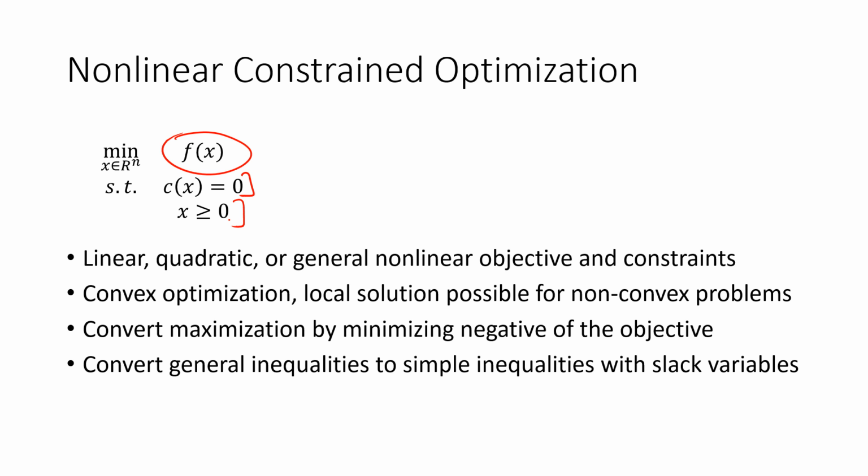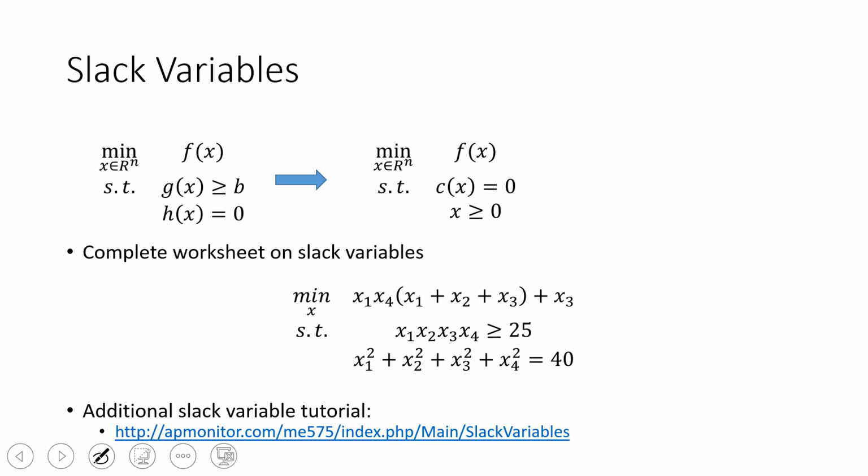It does not guarantee global solutions. If you do have a maximization problem instead, that can become a minimization problem just by multiplying by a negative, so it can be minimized or maximized. And we also want to convert these general inequalities into a form like this, and we'll do that with slack variables.